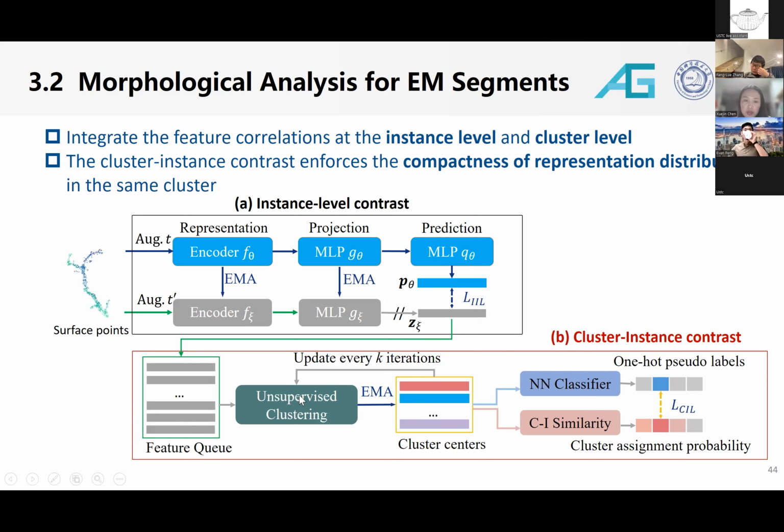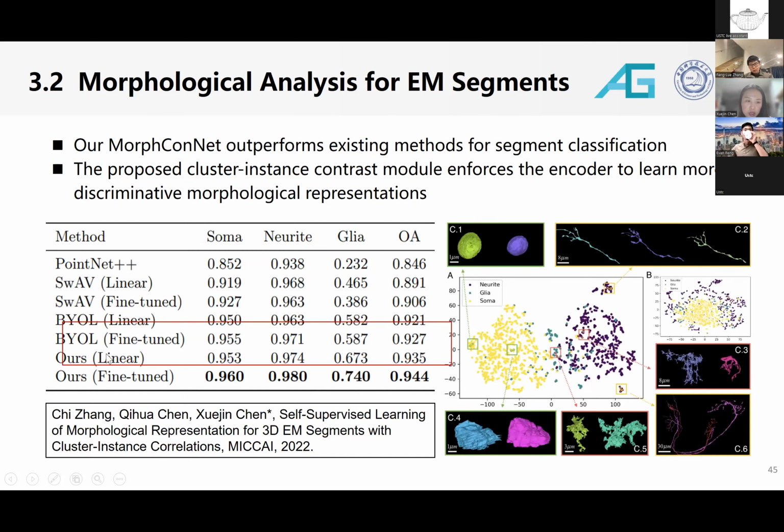So we design a clustering strategy and compare the predicted pseudo labels and the cluster instance similarity to enforce the compactness of representation learning. And we compare our method with some typical state-of-the-art contrastive learning methods, including SwAV and BYOL, and we can see that our method achieves the best results on the neural segment classification.